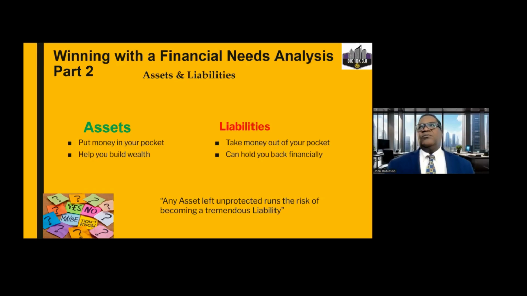And so there's got to be a balance, and assets have the ability to earn money, but usually anything that has the ability to earn money, for the most part, can flip the switch and become a liability. So you want to make sure that you protect your assets properly.